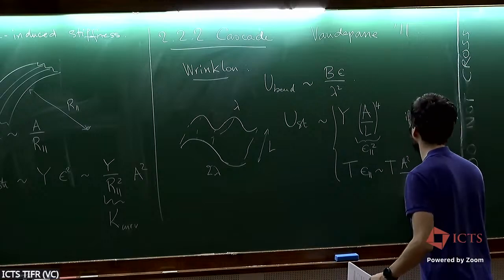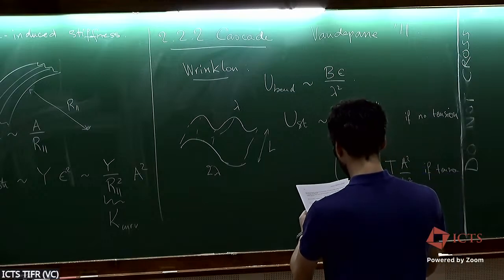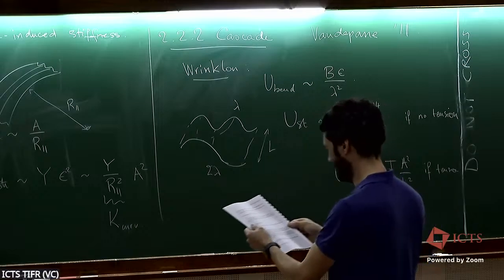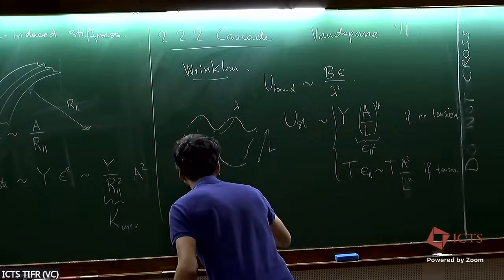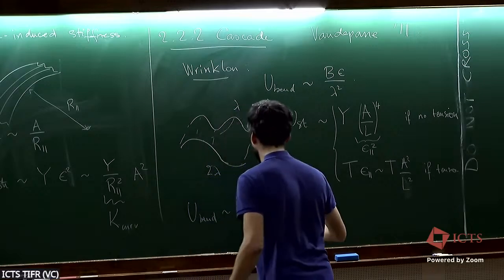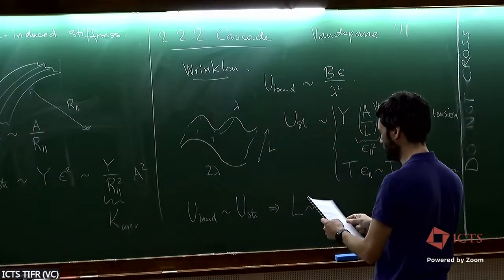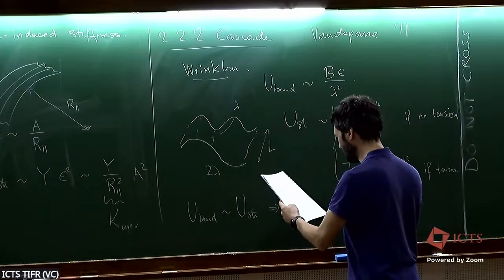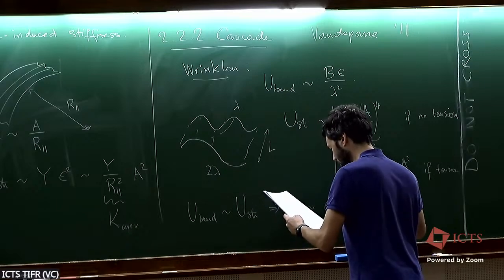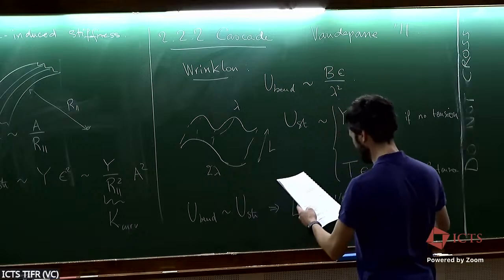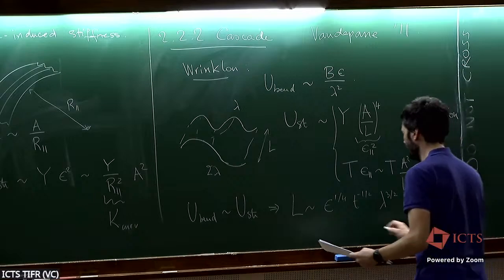Sorry, it's not lambda, it's L. And then if you set U bend comparable to U stretching, it gives you L. I won't do all the calculation, but you have this epsilon to the 1/4 T to the minus 1/2. This should be the energy, because this is the ratio, and lambda to the 3/2. So this is if T equals 0.